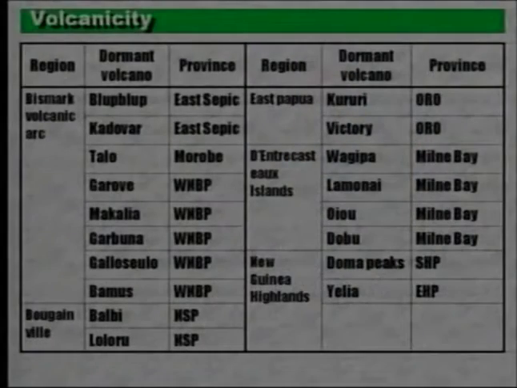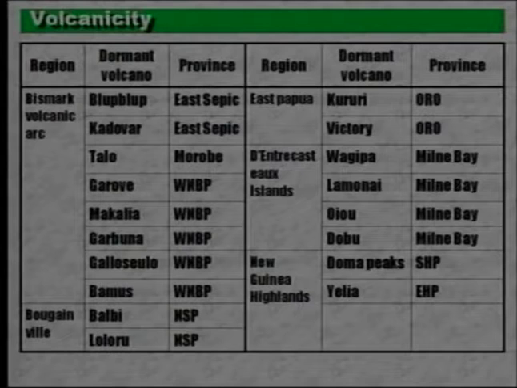Okay, with the dormant volcanoes now, you can make corrections to the work. The Bloop Bloop volcano in Papua New Guinea is found in East Sepik. Cadaver, the next volcano, is also found in East Sepik. You correct your activities.